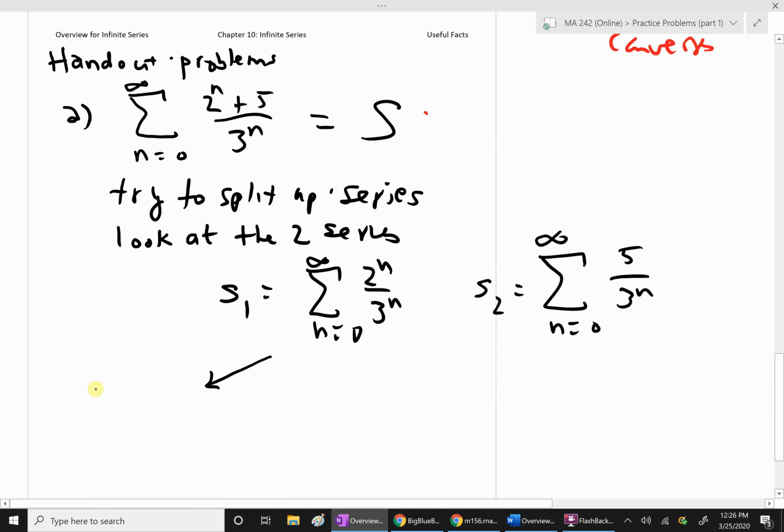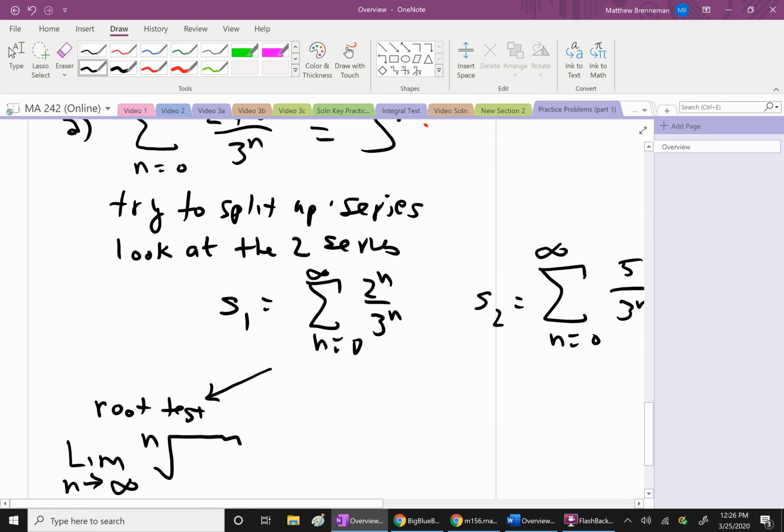The root test says that I'm going to look at the limit as n goes to infinity of the nth root of the terms in my series. I'm just going to plop this in here.